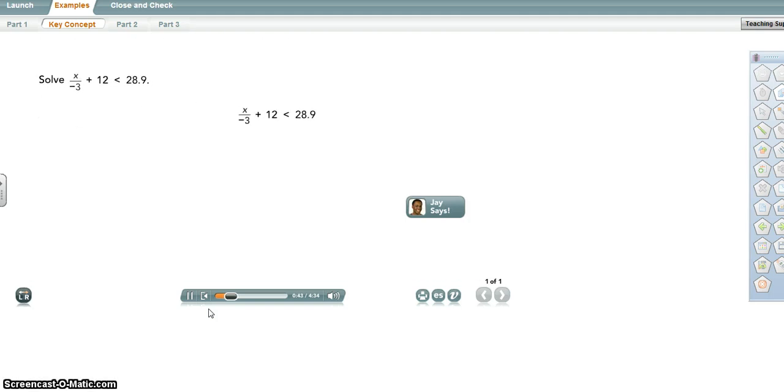Begin by writing the inequality. Remember to undo addition or subtraction first. Use subtraction to undo addition. Subtract 12 from each side. Simplify.